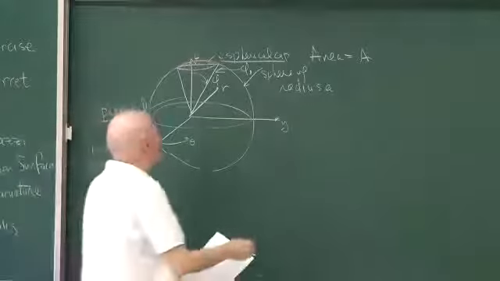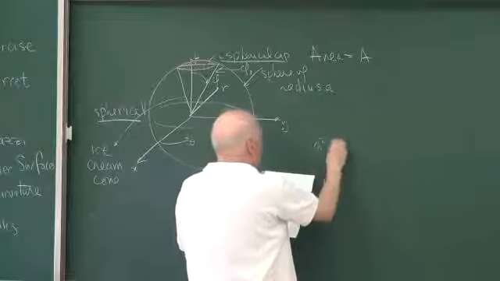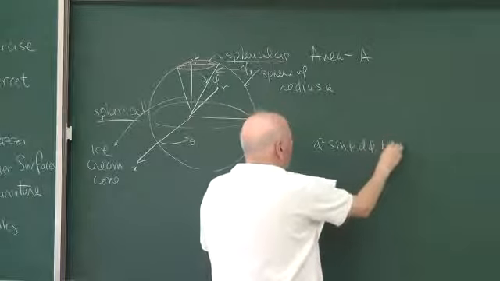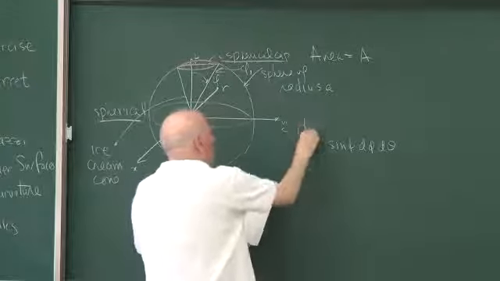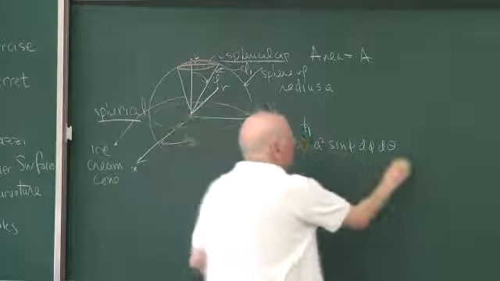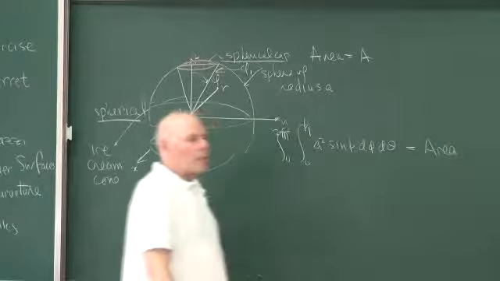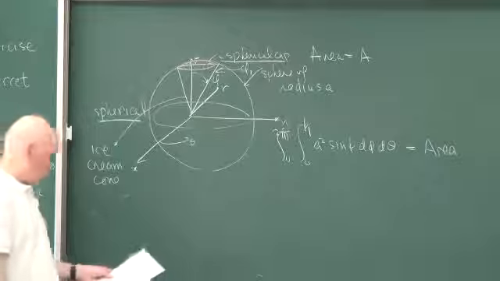Okay, well, the increment of area is a squared sine phi d phi d theta on the sphere. So we have to integrate phi between 0 and phi1 and theta between 0 and 2 pi. So that's the area. Because that's just the integral of it. And that's easy to compute.